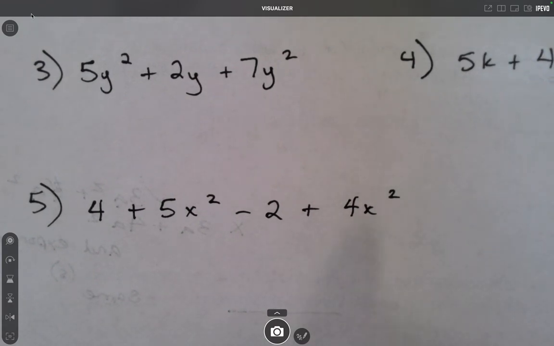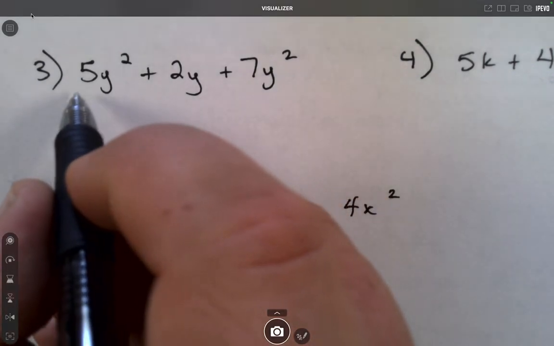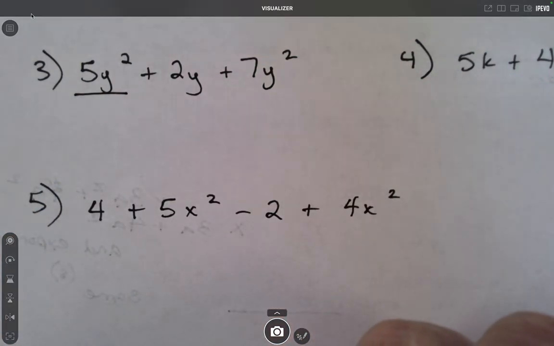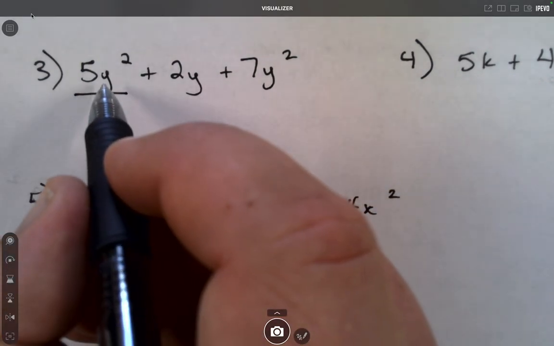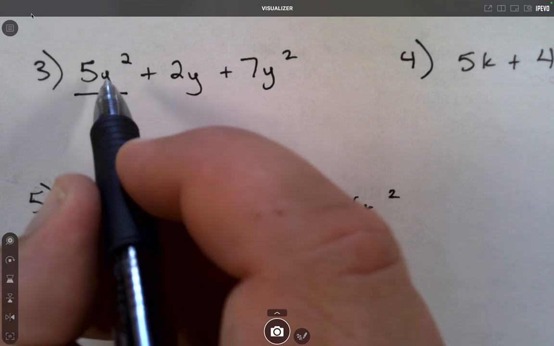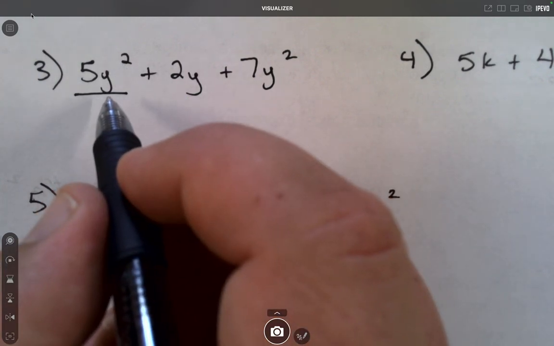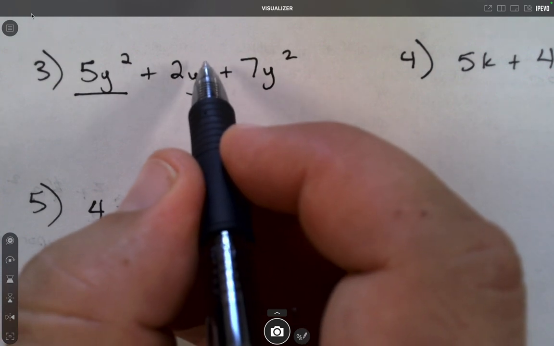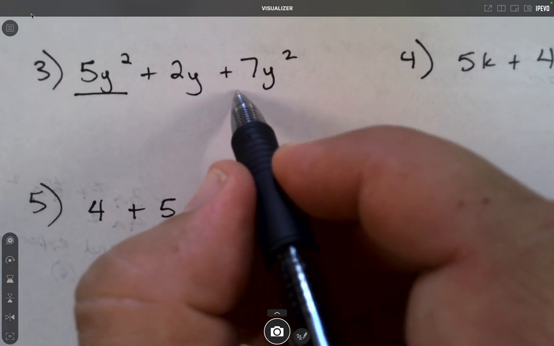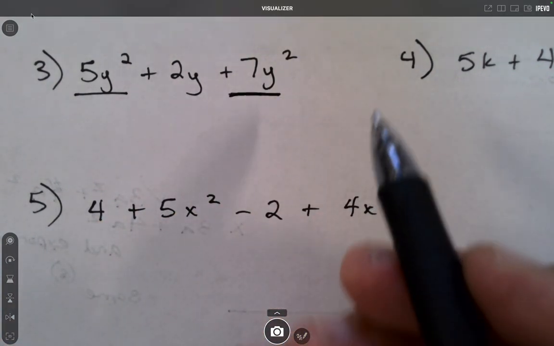Number 3. 5y squared plus 2y plus 7y squared. So again, I start with what's on the left. I see 5y squared. So this time I'm not looking just for y, I'm looking for y squared. So this is not a like term to the first one because this does not have a squared. But this is a like term to it because it also has a squared.